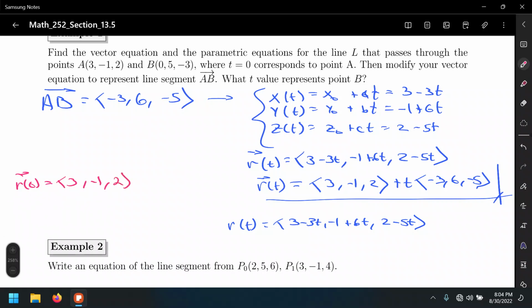That's actually the vector that corresponds to the first point, right? What happens if we evaluate r of 1? Okay, so 3 minus 3 times 1, isn't that a 0? -1 plus 6 times 1, is that a 5? And 2 minus 5 times 1, that's 2 minus 5, -3? Okay. Isn't that vector in the same position as the terminal point?